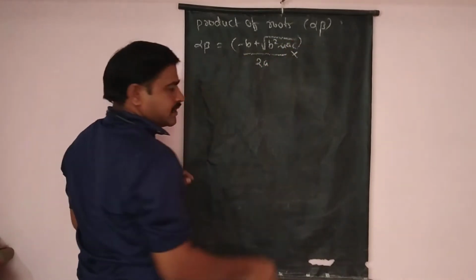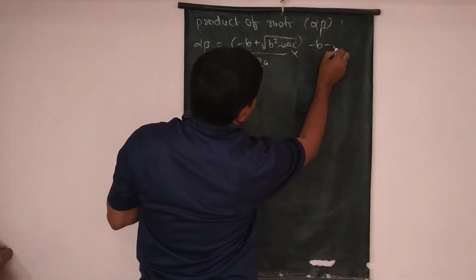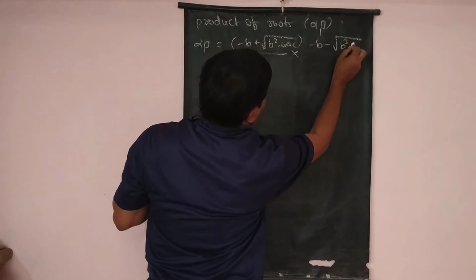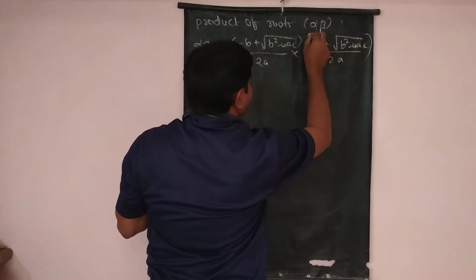Now do the multiplication of alpha into beta. Alpha into beta is equal to minus b plus square root of b square minus 4ac by 2a, multiplied by minus b minus square root of b square minus 4ac by 2a. These both should be multiplied.